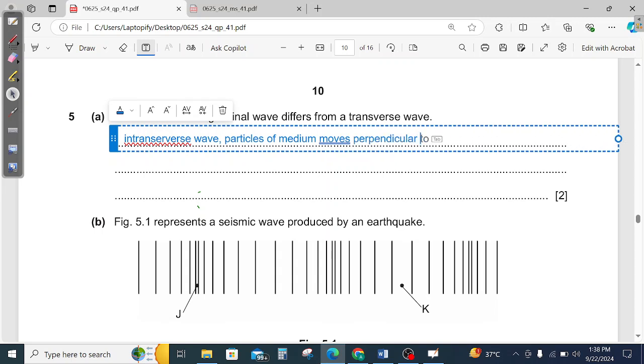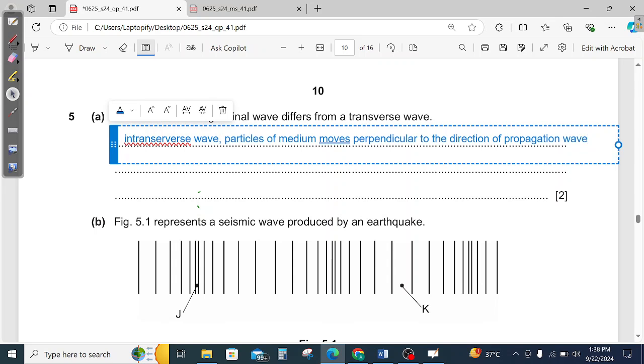Okay, perpendicular to the direction of propagation of wave, but in longitudinal wave particles move parallel to the direction of propagation of wave.